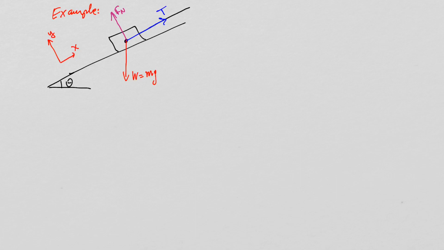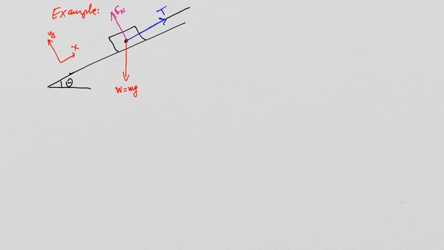Now, notice that the weight of the block is not parallel to the y-axis. It makes an angle with the y-axis. So that means that the weight has to be resolved into a y and an x component in order to be able to write expressions for the net force in x and y direction for the block.